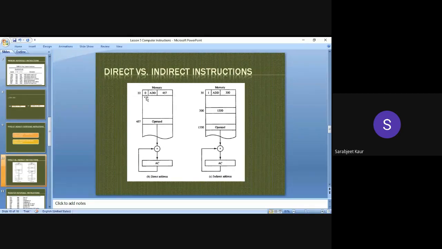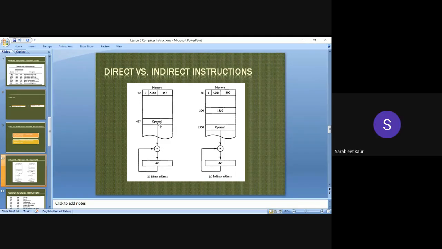It says add, this is the mode bit, I'll be talking about it in a minute. The instruction says add 457. What is this 457? It is the address. So we go to address 457 and what I find there is the operand. This is the kind of address instruction that I've just told you about.